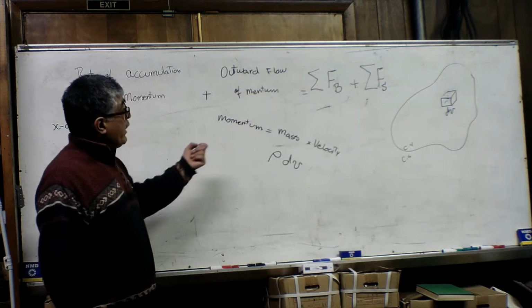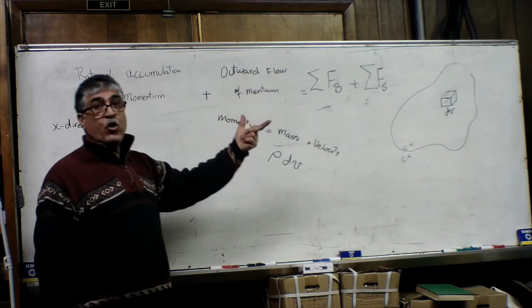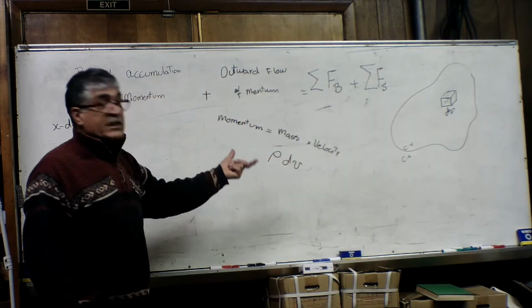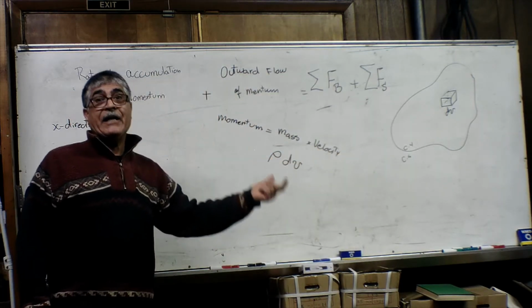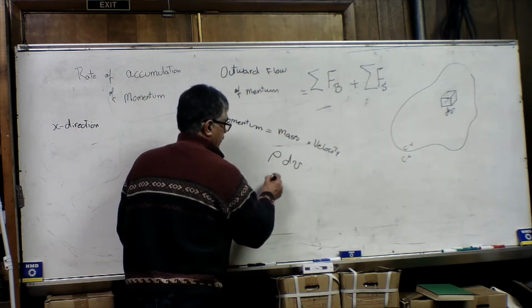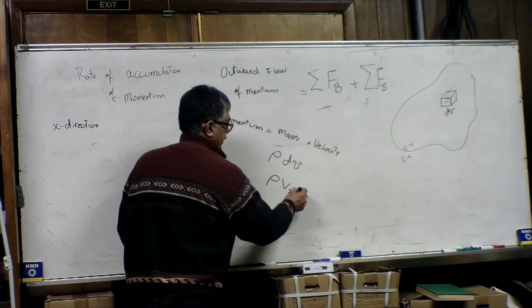So the momentum within that differential volume in the x direction will be the mass multiplied by the velocity in the x direction: rho Vx dV.